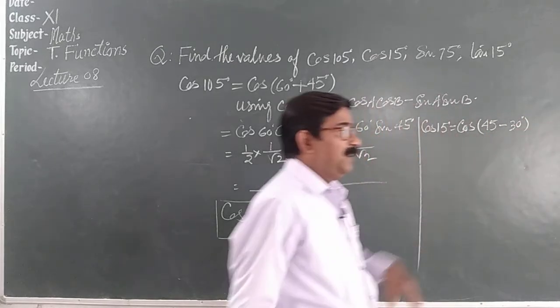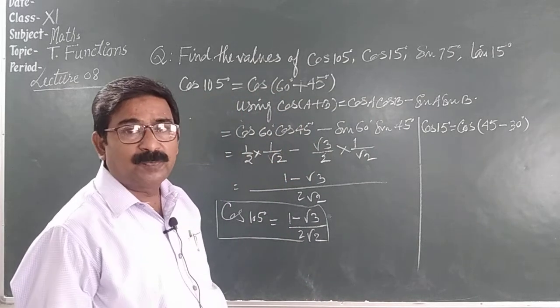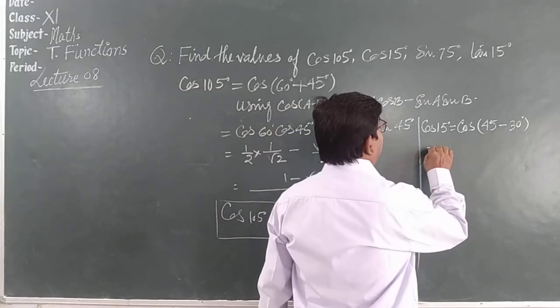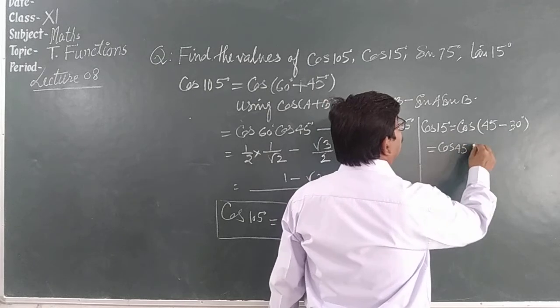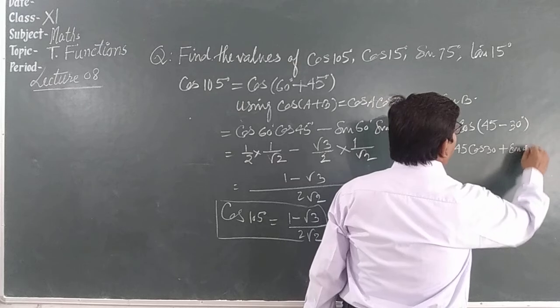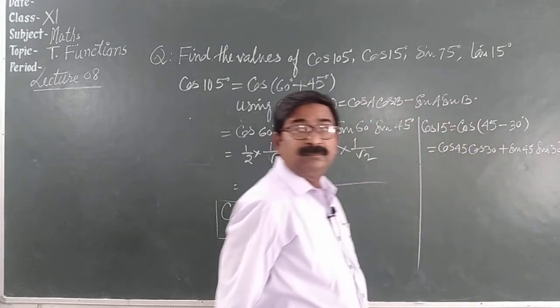And this time we have the formula cos(A minus B) equals cos A cos B plus sin A sin B. So I am writing directly, cos 45 degrees cos 30 degrees plus sin 45 degrees sin 30 degrees. Got it?